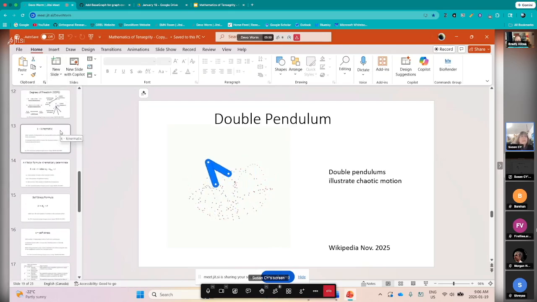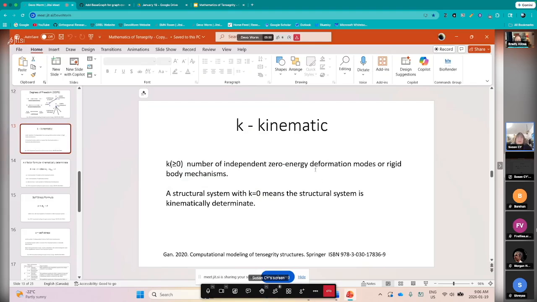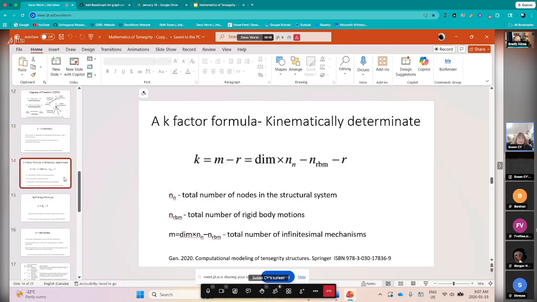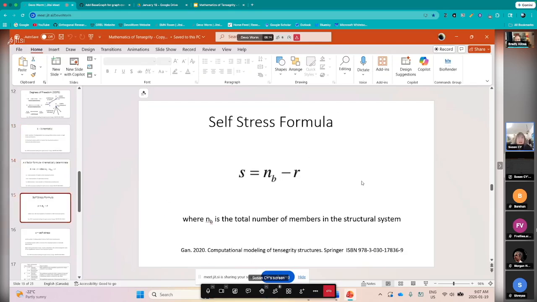What else? Okay, there's kinematic. It's defined as the number of independent zero energy deformation modes of a rigid body. And then there's the formula, and this is so you can do math with it. And then this is the self-stress.